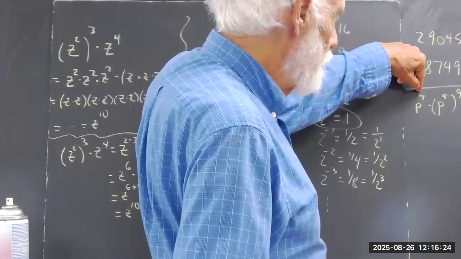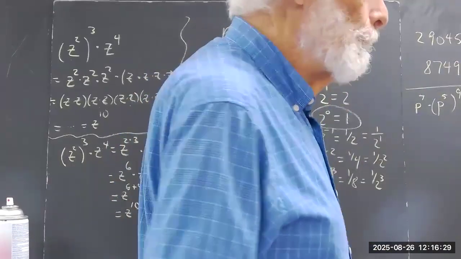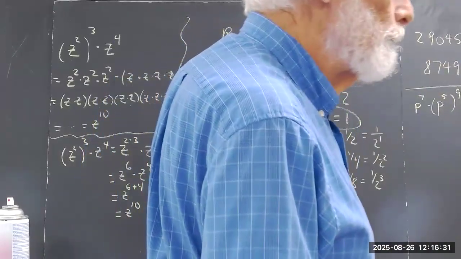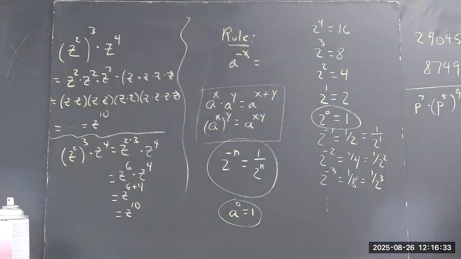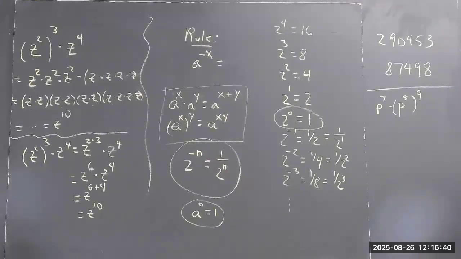That's p to the 7th multiplied by p to the 5th raised to the 9th power. And it's kind of off the screen. But there it is.